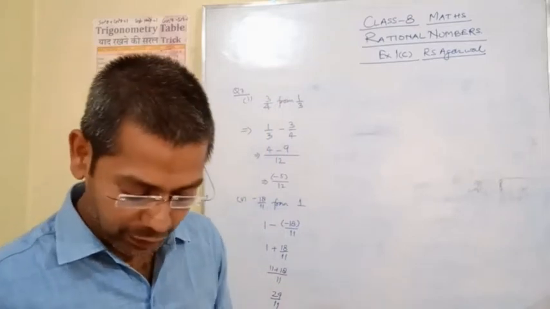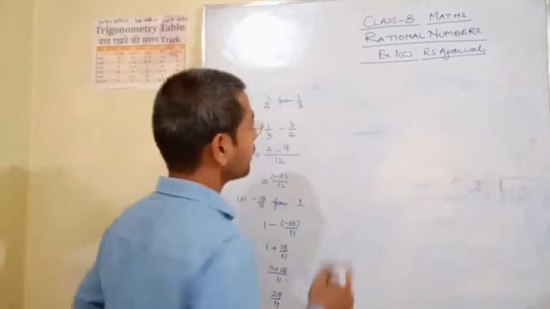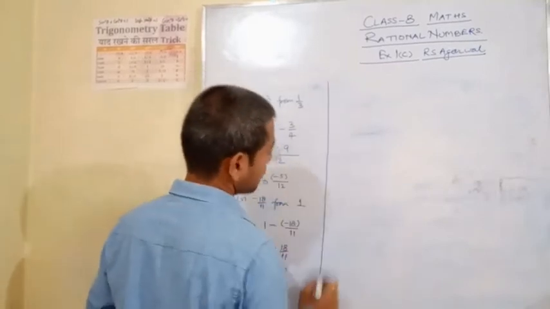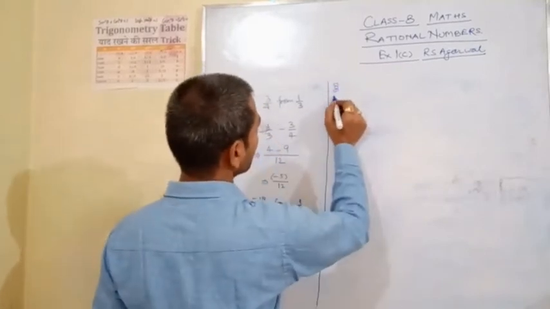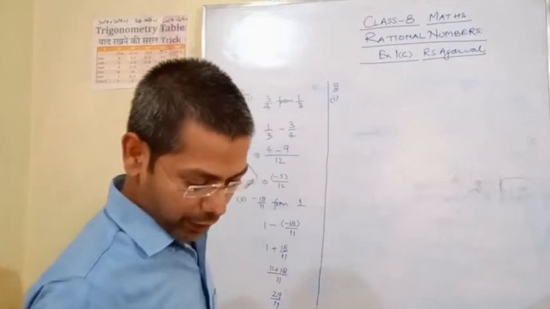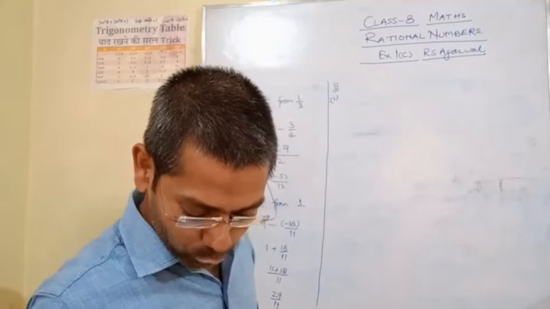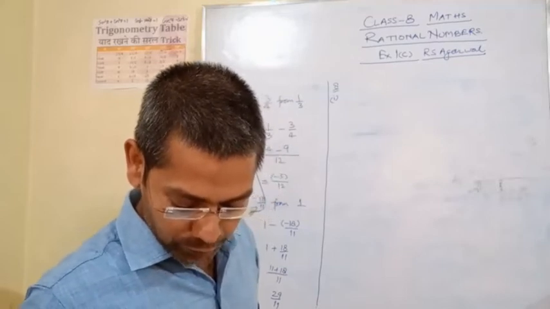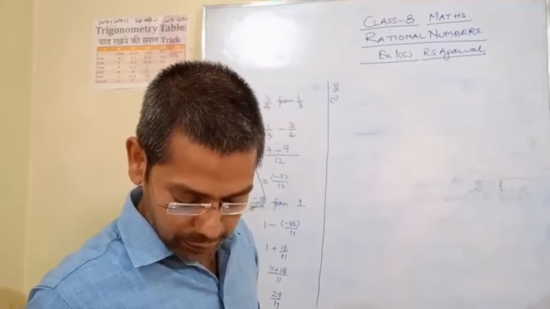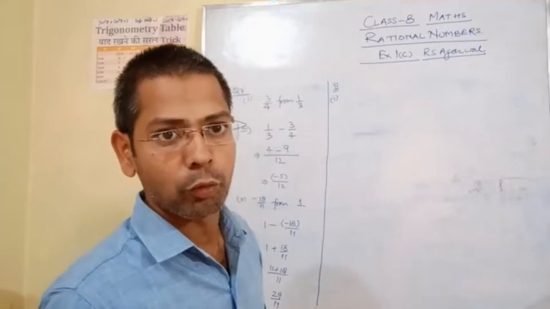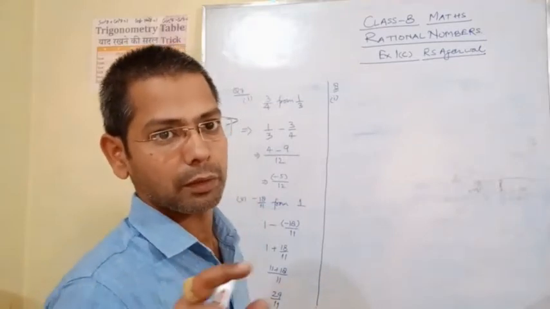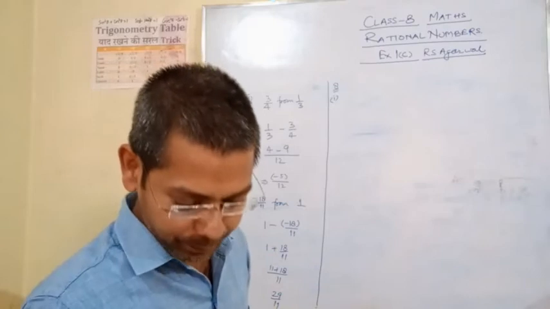In the rearrangement property, if more than 3 numbers are given, we add the numbers in groups. We will make the groups ourselves, 2 groups.